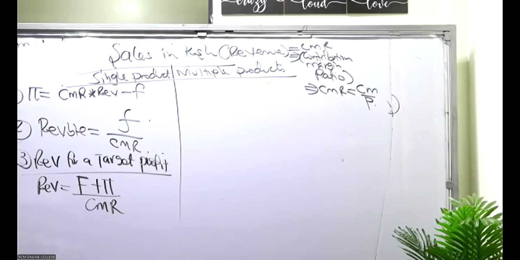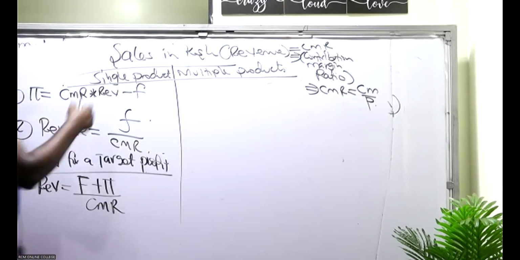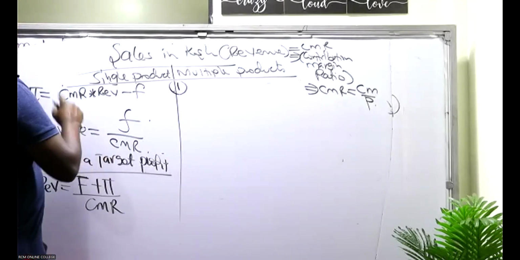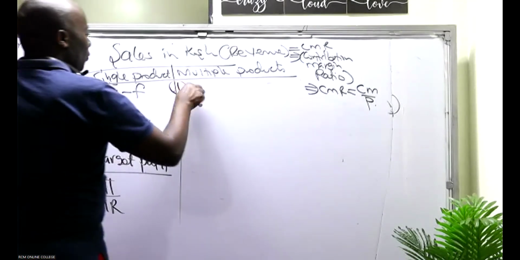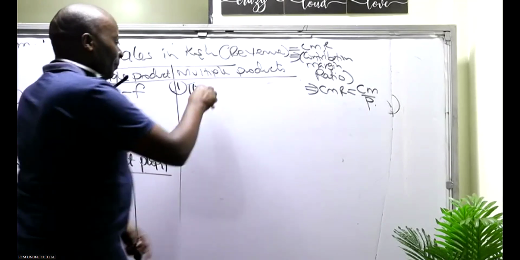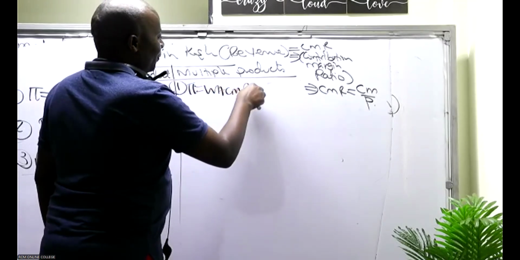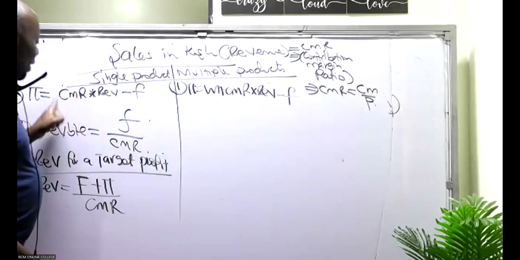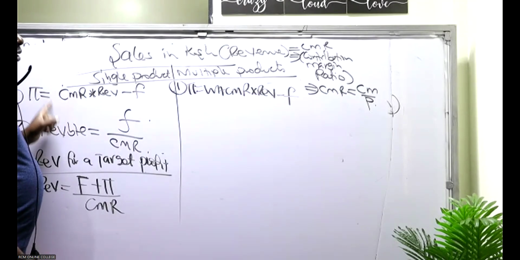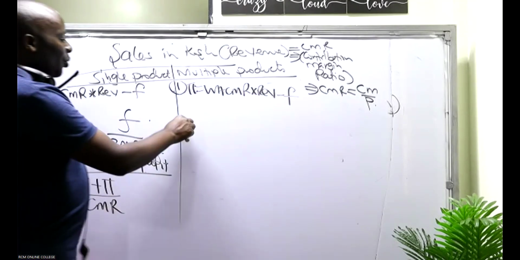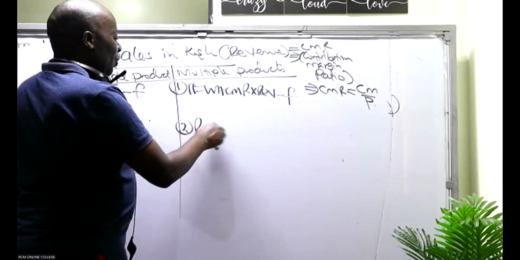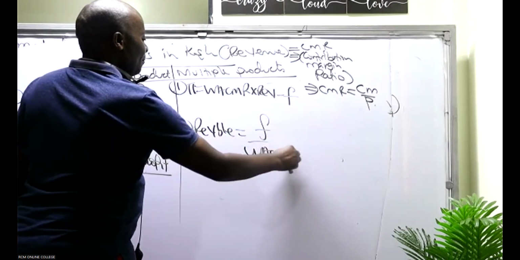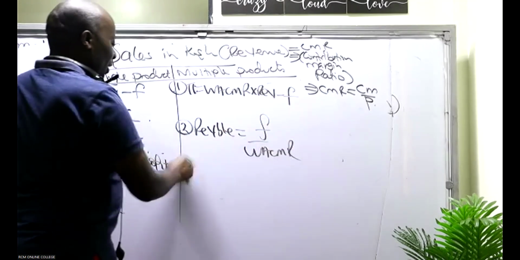On the other side of the coin, whenever there are many products, we only talk of WA, weighted average. For example, profit here will be WACMR times revenue minus fixed cost. For revenue break even, I will talk of fixed cost over WACMR.